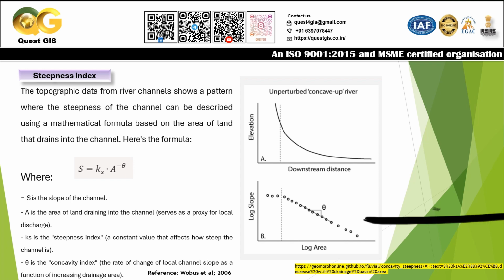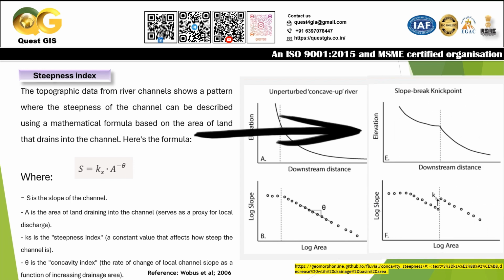Such an unperturbed concave up river profile shows a consistent pattern of steepness in relation to drainage area along its length. If you see here, there is a consistent pattern. There is no break that we can find in the steepness. This is the log slope and log area map.